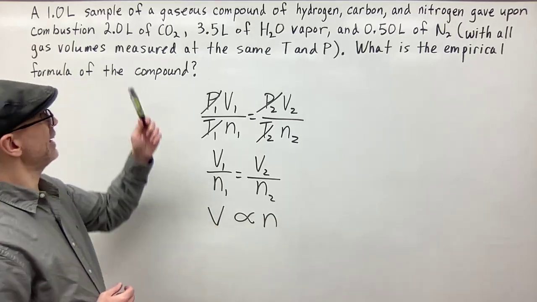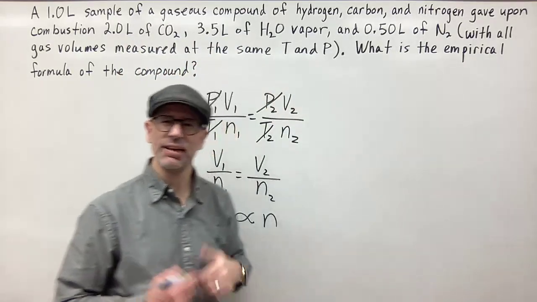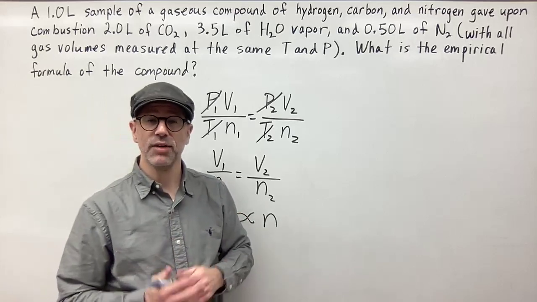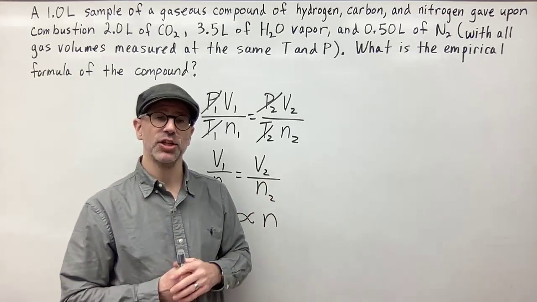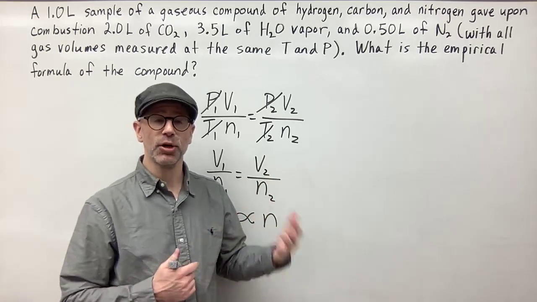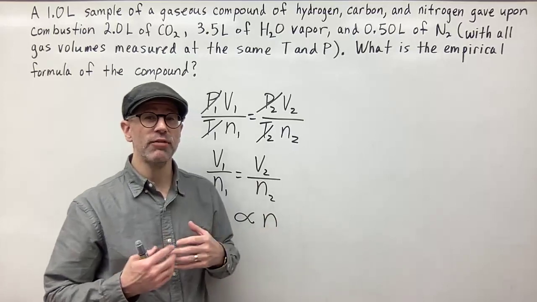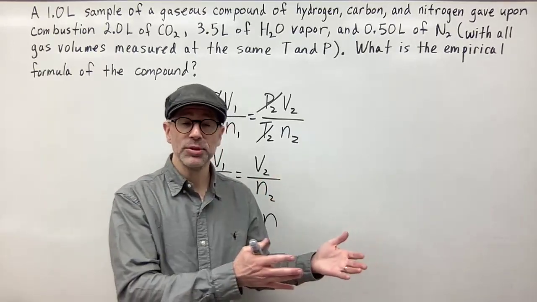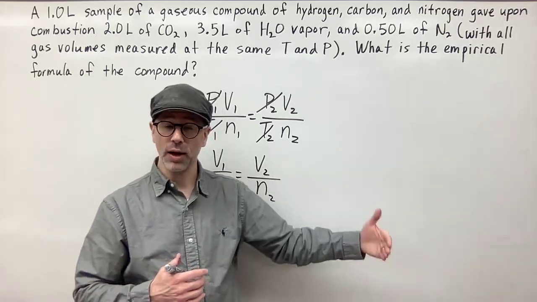Well, notice that they gave us liters of the gases. They didn't give us moles, or masses of the substances. Normally, in a combustion reaction where you're asked to find the empirical formula, they're usually giving you grams, or maybe a percent composition that you then convert to grams, which you then use the molar mass to convert to moles, which is what we want.